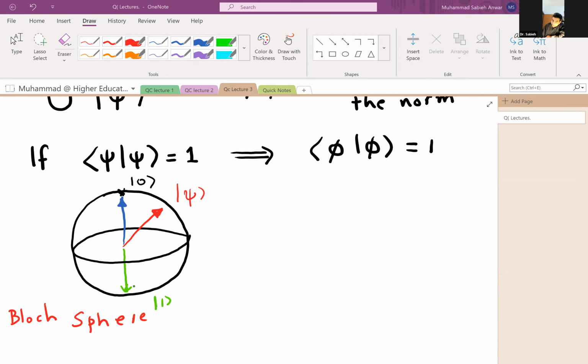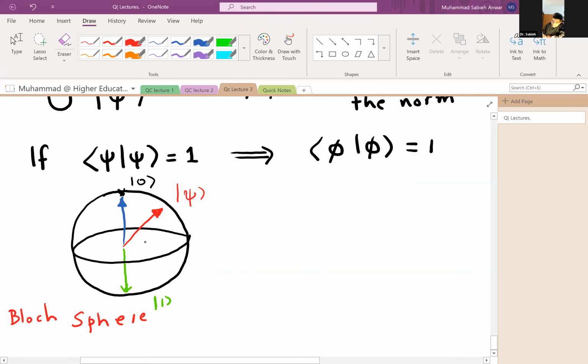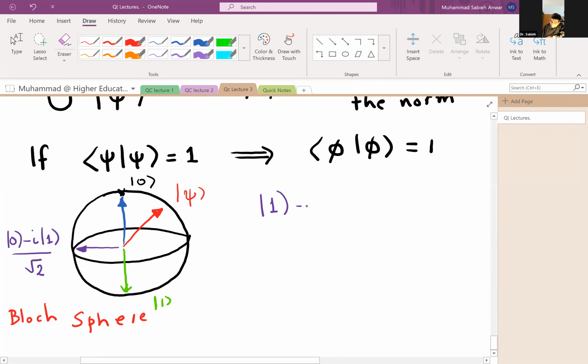So if my input state were, instead of ket 0 and ket 1, something else, say my input state were here, which I'm drawing in purple, which is the state ket 0 minus iota ket 1 over root 2, and if I were to implement a NOT gate, what would the output be? Ket 0 plus iota ket 1 over root 2? Let's see. So ket 0 goes to ket 1, minus iota is just unchanged, ket 1 goes to ket 0.